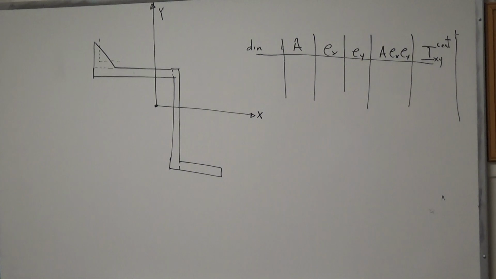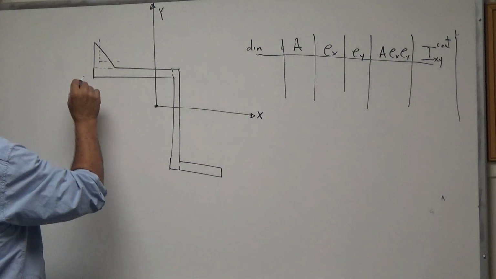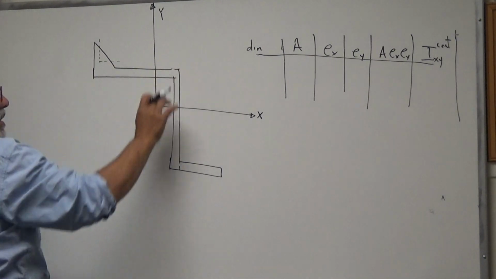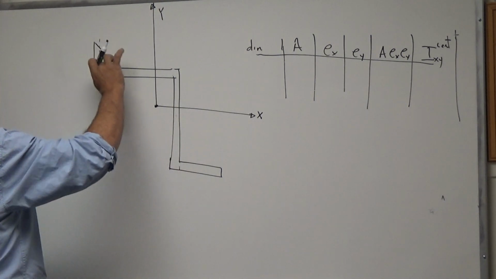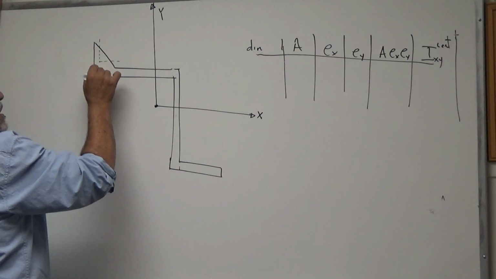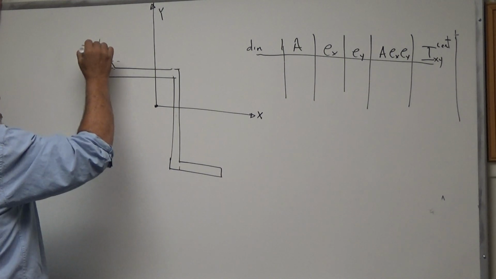Okay. Now, in this particular case, let me say that I divide this section like this. It's a section, as you can see here, in this shape, and it has this triangular build-up over here. So I'm going to break it into that triangle, this triangle here.